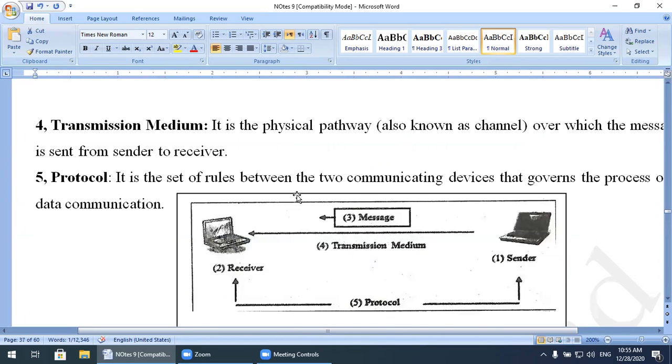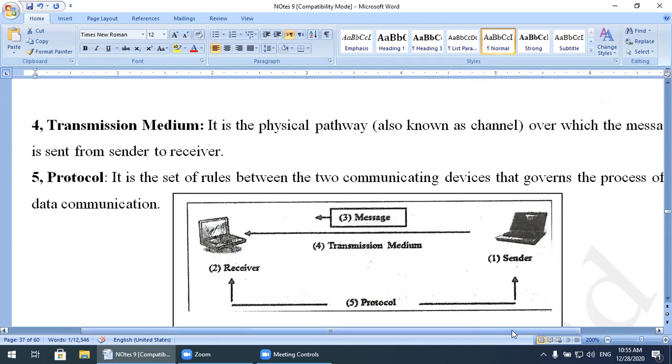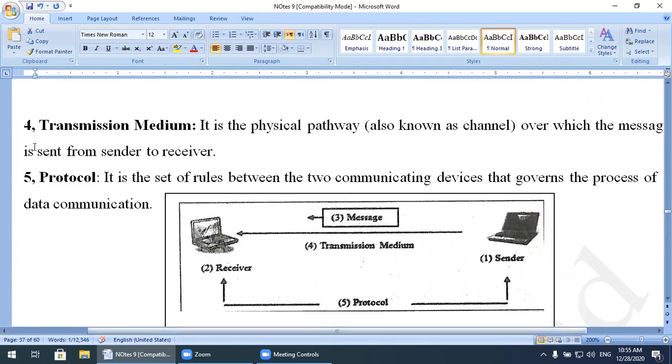Number four is transmission medium. It is the physical pathway between the two devices. This arrowhead shows the pathway between the two devices. It is also known as a channel, over which the message is sent from sender to receiver. Which medium are you using?